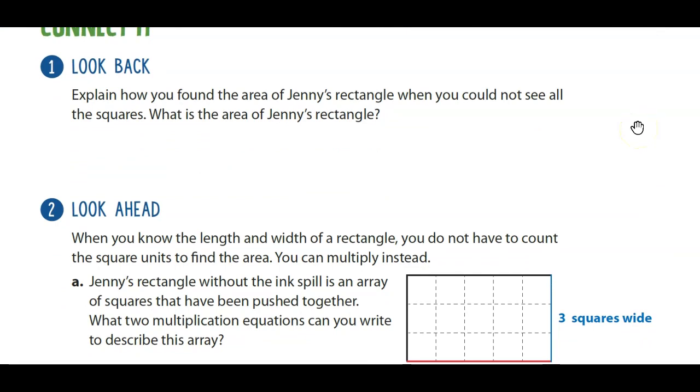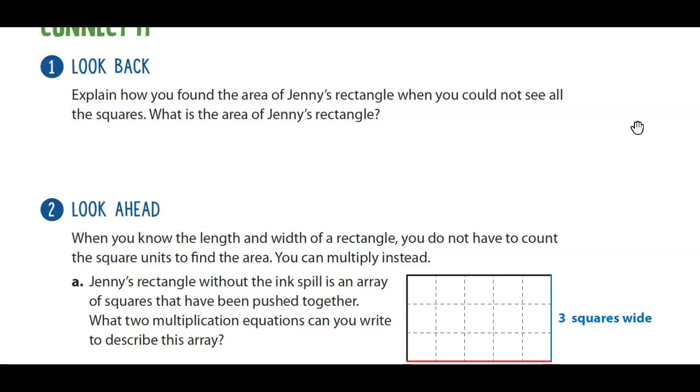So explain how you found the area of Janie's rectangle. Can somebody tell me how you found it? What strategy? Aria, what strategy did you use? Okay, so we did that. Anyone else? Give me something else. Francis? I counted the top part and the left side, and then I kept on counting 5 down the middle.